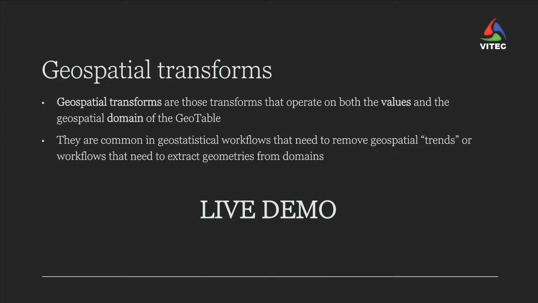Sometimes I need to remove a spatial trend, which is like fitting a polynomial in space, removing that trend and working on the residual process, for example. Or sometimes I want to convert the information that's in polygons and rasterize it into pixels because that will align with the features that I have from satellite so that I can train a machine learning model. These are all examples that involve both the domain and the features.